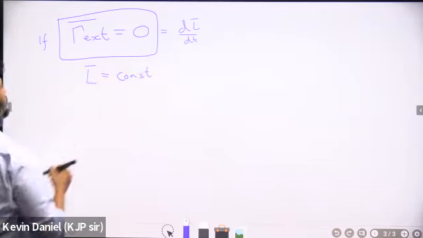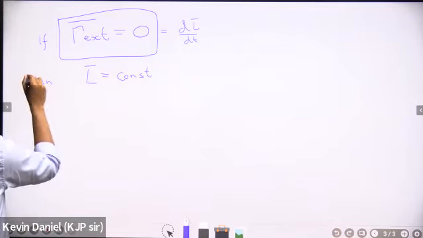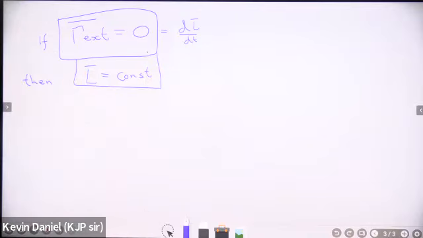L will not change with time. So if torque external is 0, then the angular momentum of that body will have to be constant.